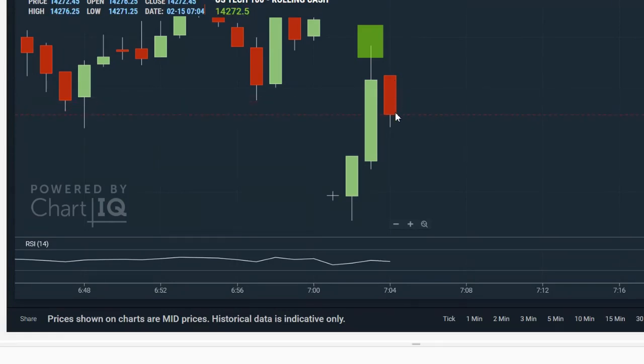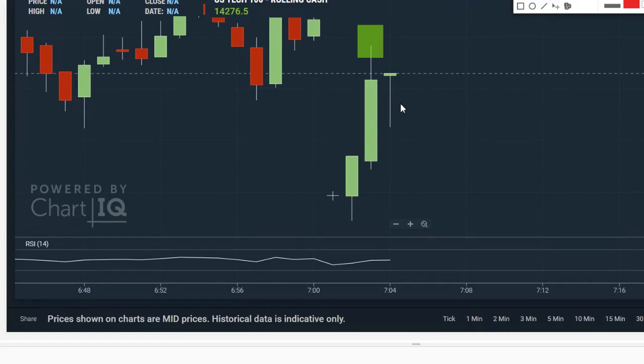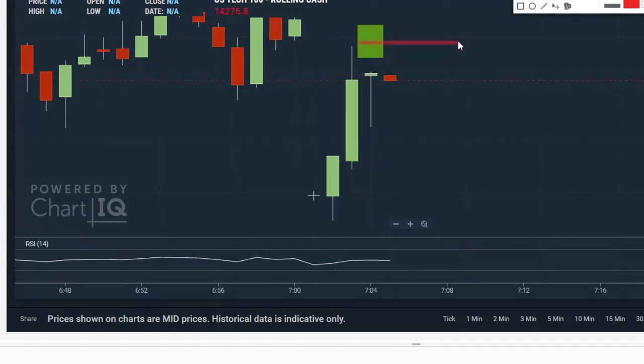But you've got to give it more time to push. So, personally, I would have waited a little bit just to see, will it come back up green before I end up shorting it. Now, if this green candle breaks above that candle, then you could say it's going to make a newer high.